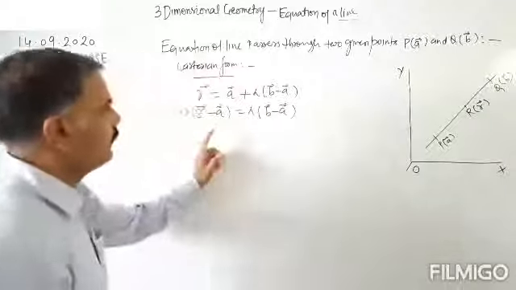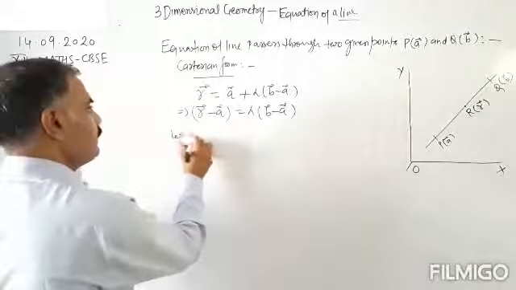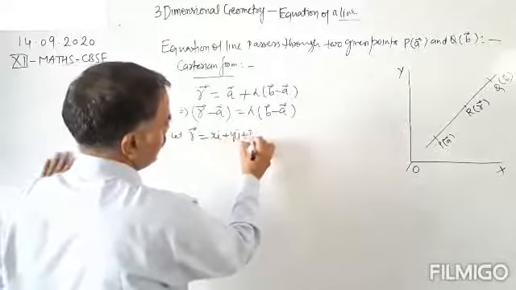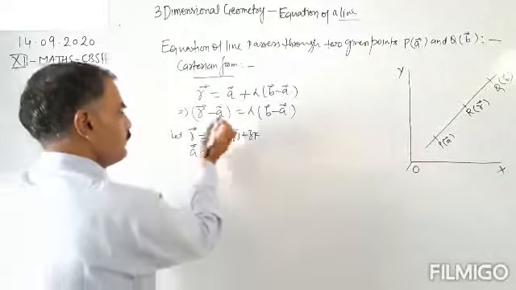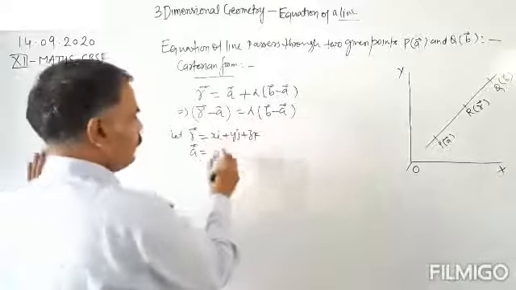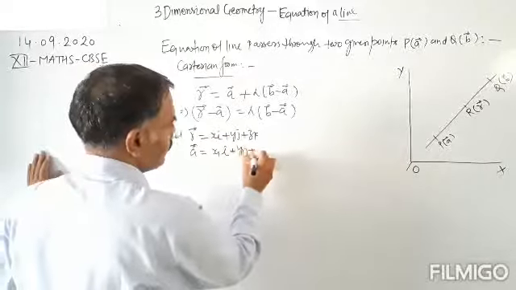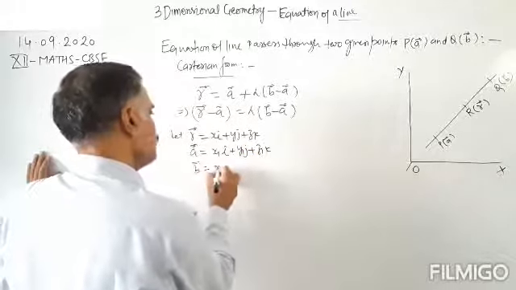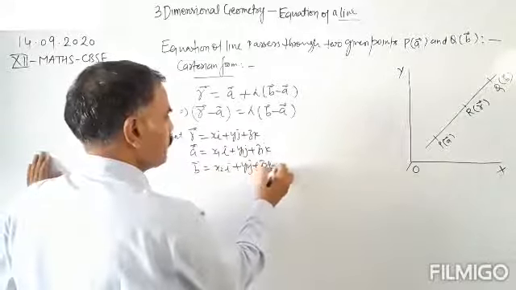Here r vector is the general point. Let r vector equal x i cap plus y j cap plus z k cap. a vector and b vector are 2 points, so a vector equals x1 i cap plus y1 j cap plus z1 k cap, and b vector equals x2 i cap plus y2 j cap plus z2 k cap.